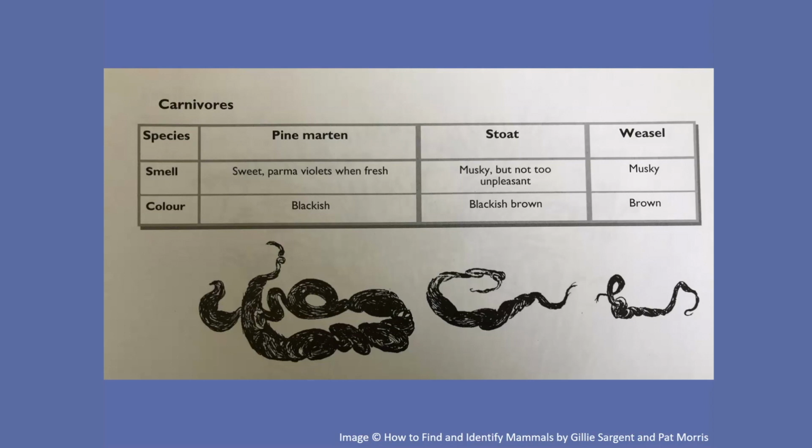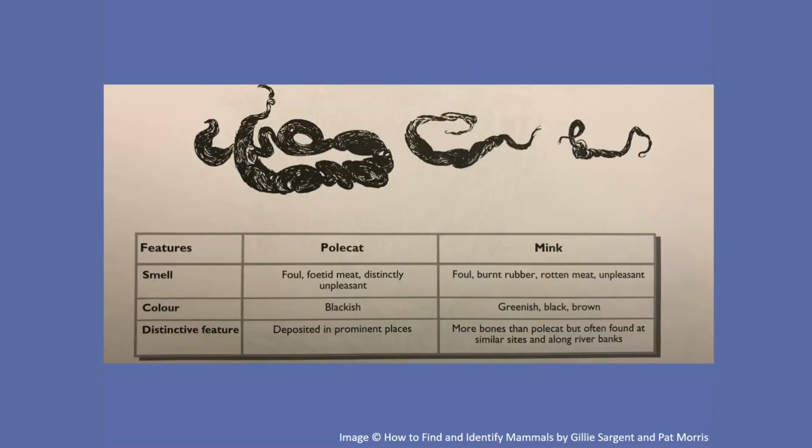You've got some extra clues in the table which give you an idea about the difference in smell, but again, that is purely dependent on how fresh that particular dropping is, and whether you feel comfortable going around sniffing poo you found lying around.